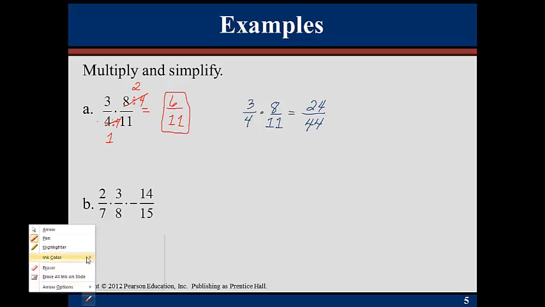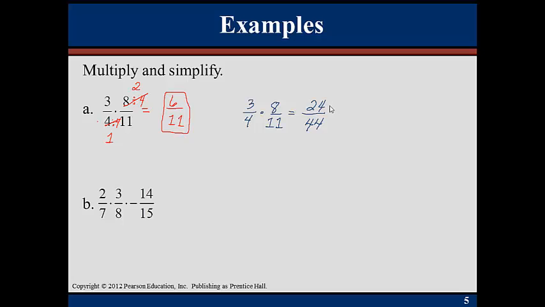So your answer has to be in simplest terms. So let's divide both by 4, since 4 goes into both. And we'll end up with 6 over 11. So if you simplify first, you can get to the answer. If you multiply first, you'll have to reduce your fraction to get your final answer.